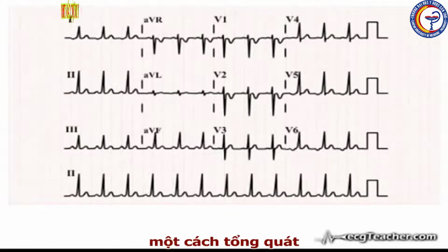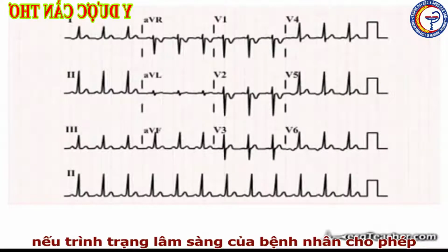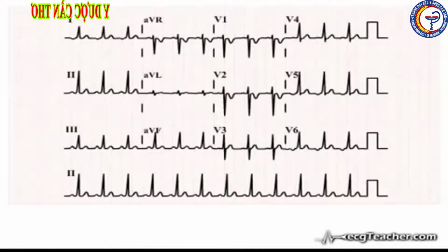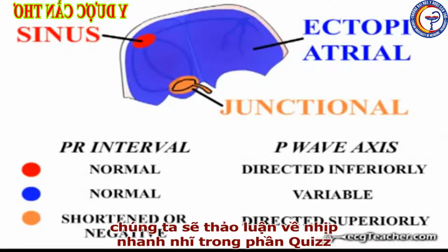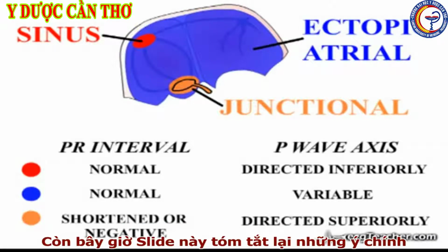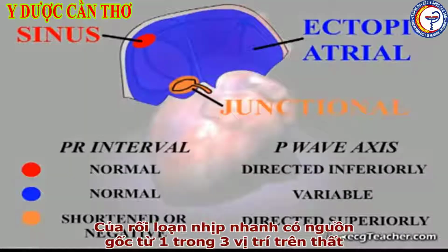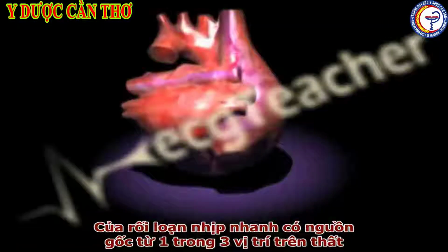Secondly, as a general point, if the patient clinical condition allows it, a full 12-lead ECG should always be obtained when trying to diagnose an arrhythmia. We will discuss ectopic atrial tachycardia again in the quiz section. For now, this slide summarizes the main features of tachyarrhythmias arising from a focus in each of the 3 supraventricular zones.